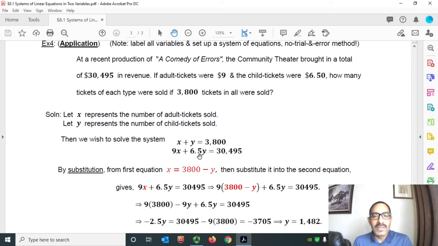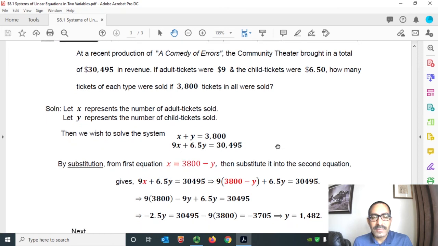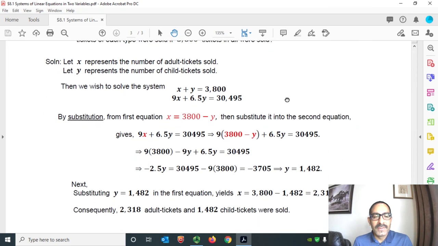Two equations, two unknowns. Now we can solve the system. Let's follow the substitution technique. From the first equation, write x in terms of y, which is 3,800 minus y. Then substitute it into the second equation. The second equation is 9x plus 6.5y equals 30,495.